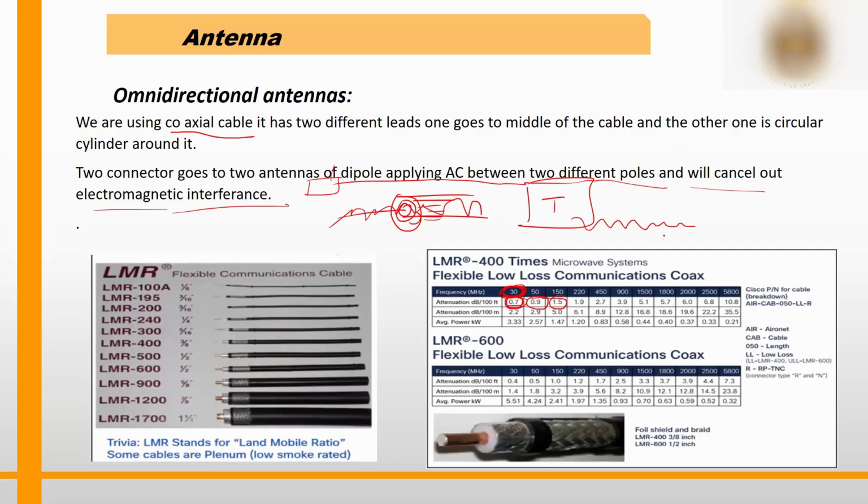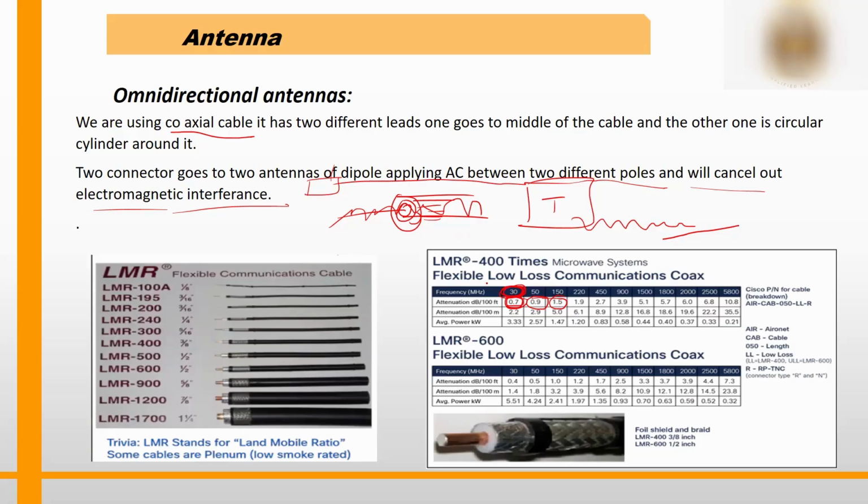Basically the transmitter is going to generate the AC signal and transmit on these cables, and these cables are going to attenuate the signal up to 1.5 dB. We know how much 1.5 dB means in milliwatts, because dB is a comparative measurement, whereas the milliwatt or the watt is the exact unit of measurement of power.